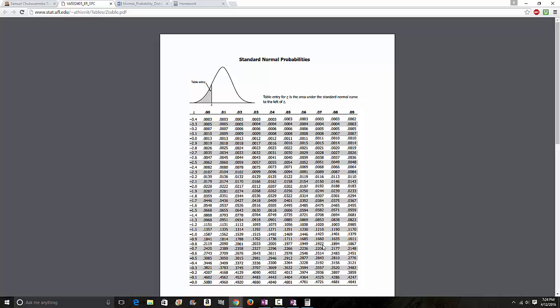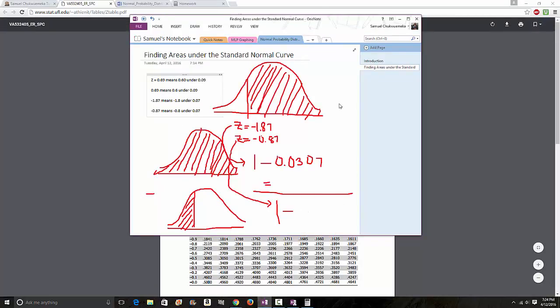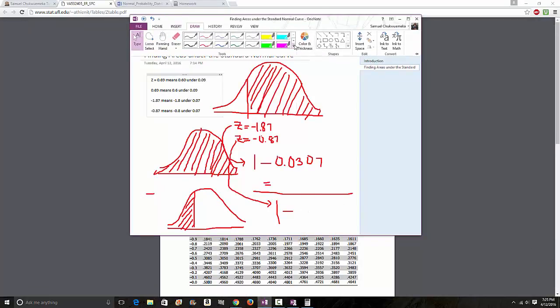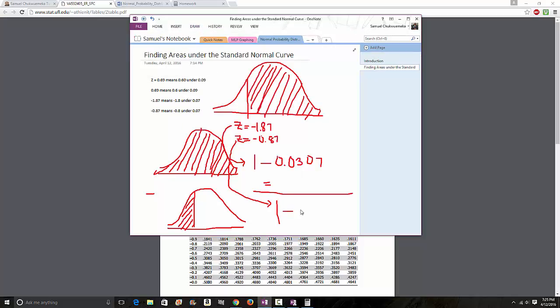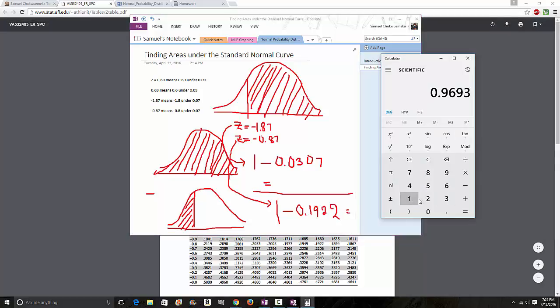So this is 0.1922. What would this be? 1 minus 0.1922 is 0.8078.